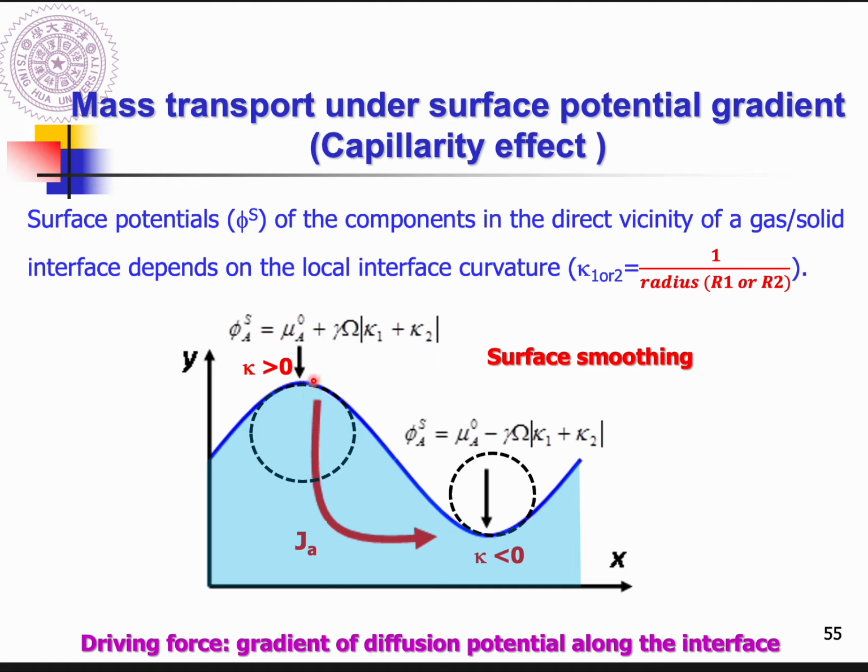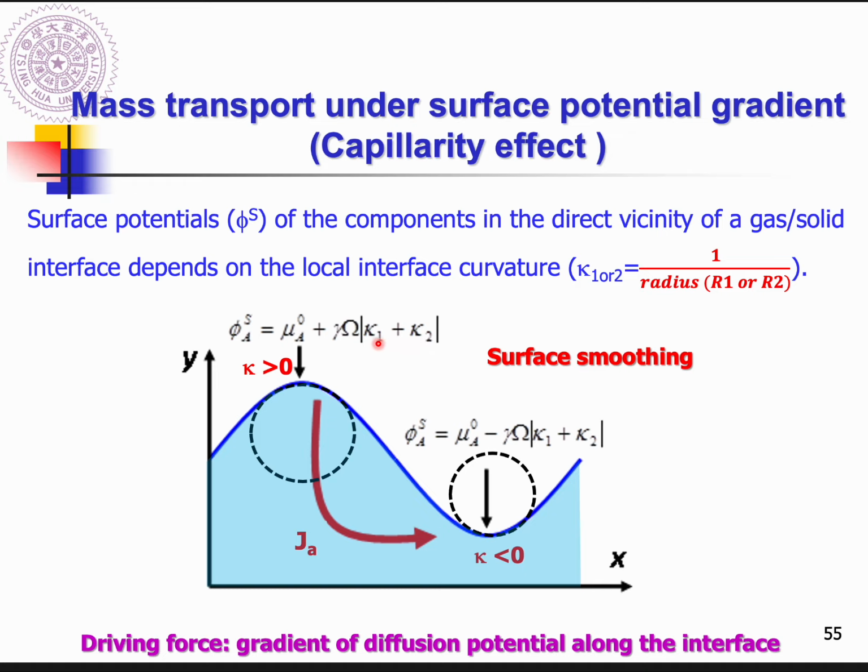At the convex region, the surface potential can be expressed like this: equals mu A0, the chemical potential of atom A on the flat surface, plus an extra term. This term includes gamma, the surface energy, omega, the average atomic volume, and inside this is kappa 1 plus kappa 2.